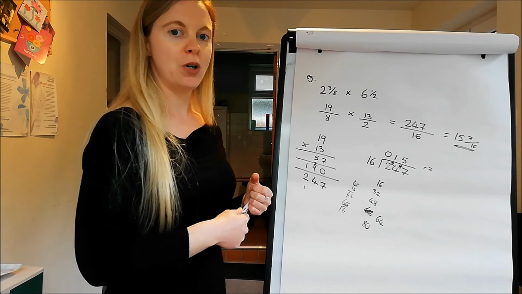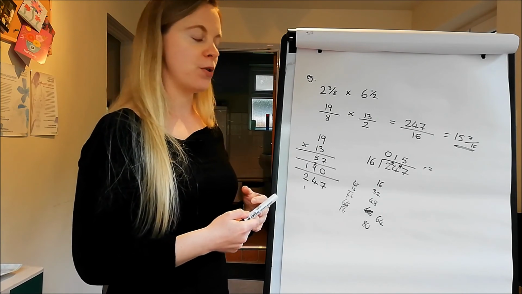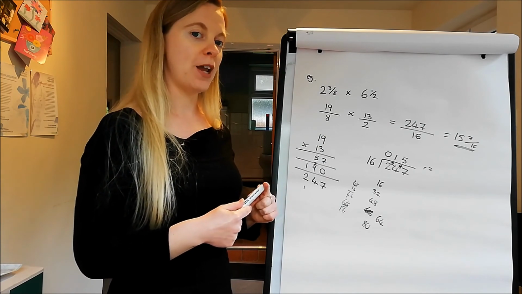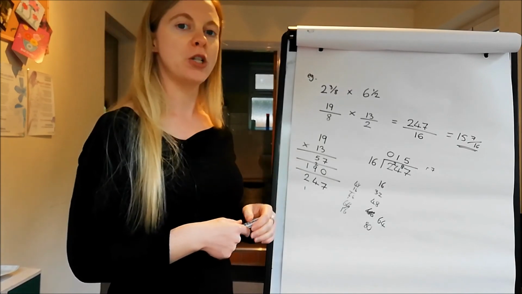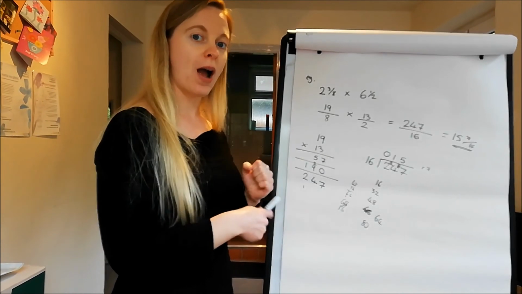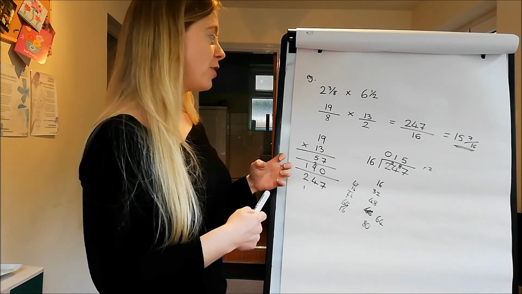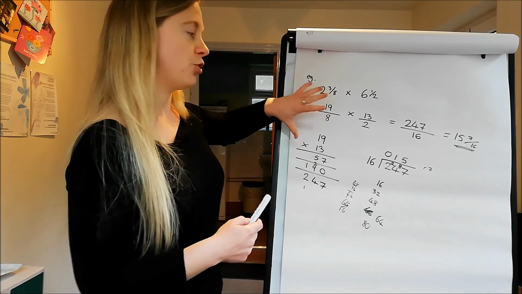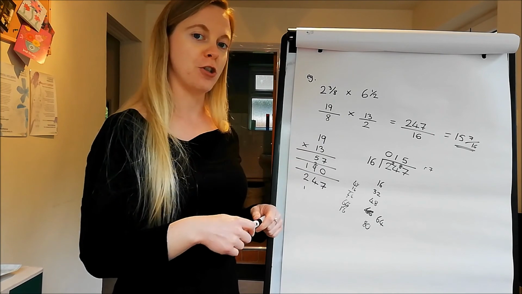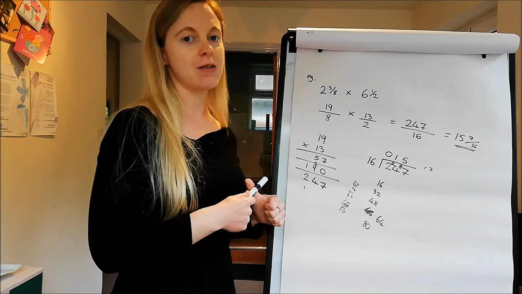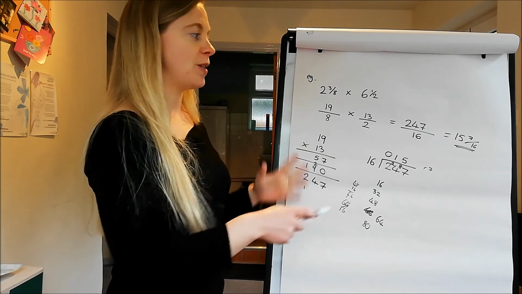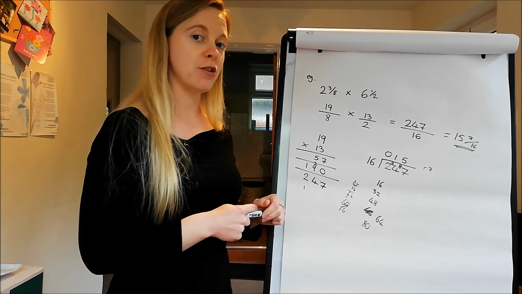On any exam board that has a non-calculator component, you are highly likely to be given 1 or 2 questions involving mixed numbers to be done without a calculator for 5 or 6 marks. So it's quite a decent chunk of marks you get for your fractions work, and that's just your explicit fractions work. That doesn't include other bits of fractions that might be hidden in speed, distance, time, density, mass, volume, or algebraic fractions. So it's a topic that is really, really worth knowing.